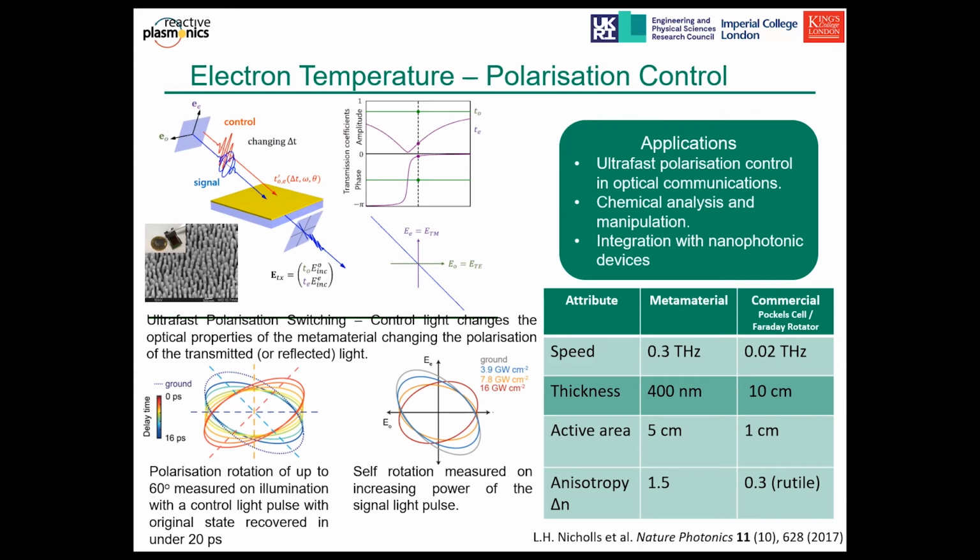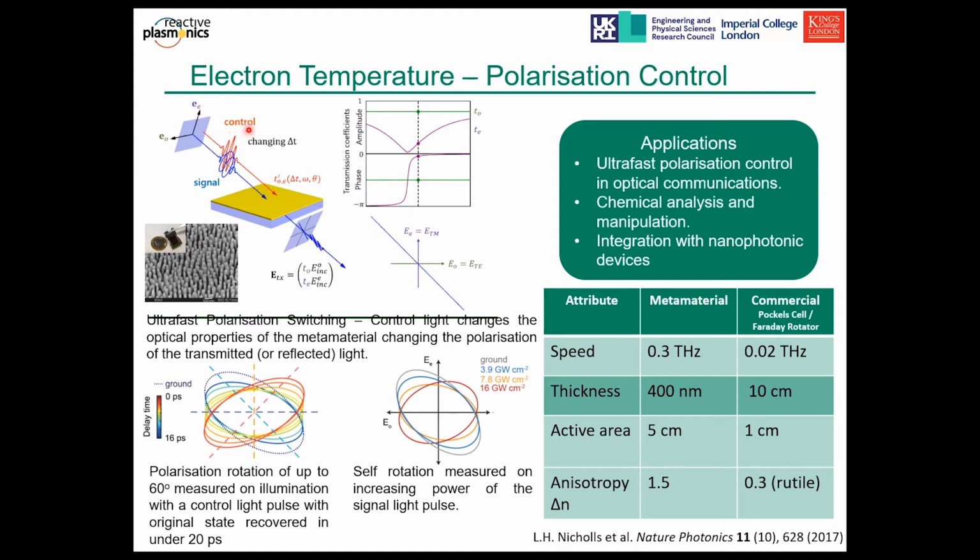The first application that I want to discuss is the control of the polarization of light. This scheme uses the nanorod metamaterial that was discussed earlier, and uses a particular property of it, that it is strongly anisotropic, which means that light transmitting through this material changes its polarization state.